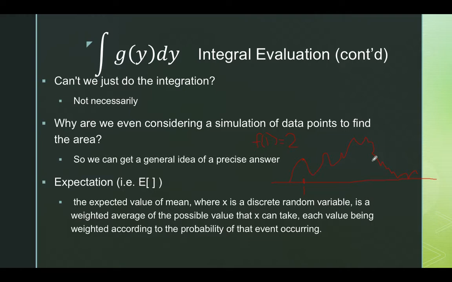Once we do that, we can find a mean or expectation, and that will provide us with a general understanding of what the area under the integral will be within the support that we have set up.